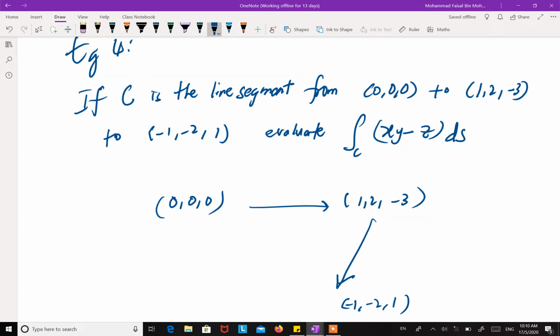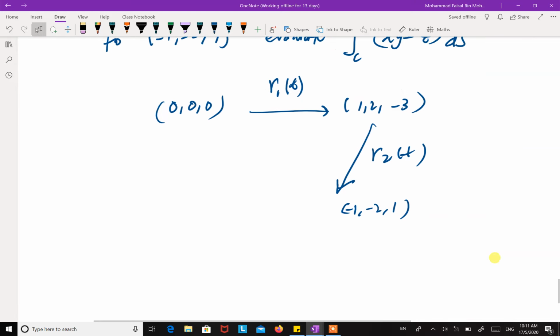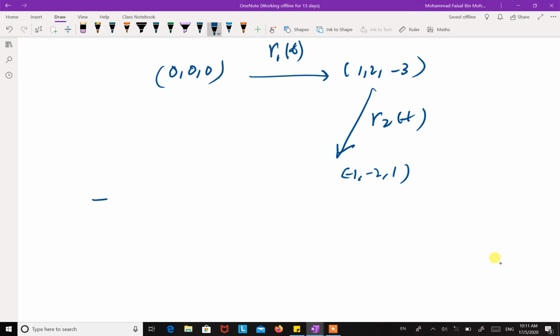So we have R1 here, and then from this you have R2, and then each of them will give C. The curve C consists of piecewise smooth functions, that is C1 and C2, where C1 is the line segment from (0, 0, 0) to (1, 2, -3).